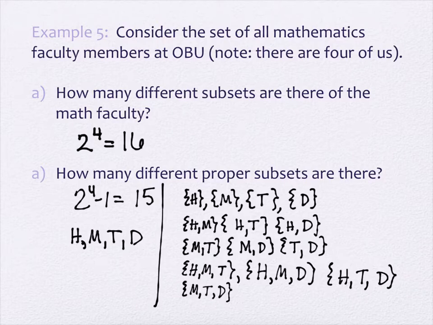So what are we at now? 14. Okay, so we're only missing 2, and we're missing the 2 that seem to be the weirdest. The 2 that we're missing are the ones that have nobody in them. We talked about that last time. It's the empty set or the null set. Nobody in them. And we're missing the set that has all of us in it.